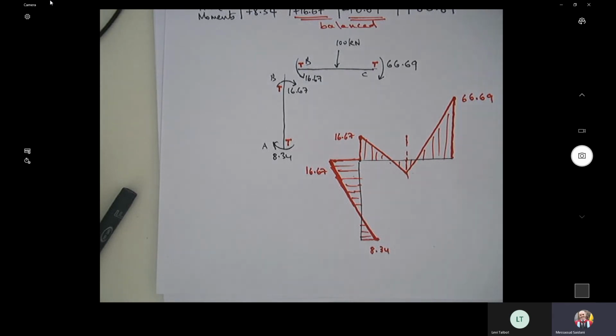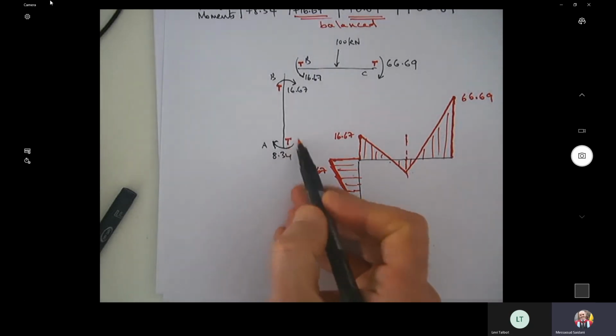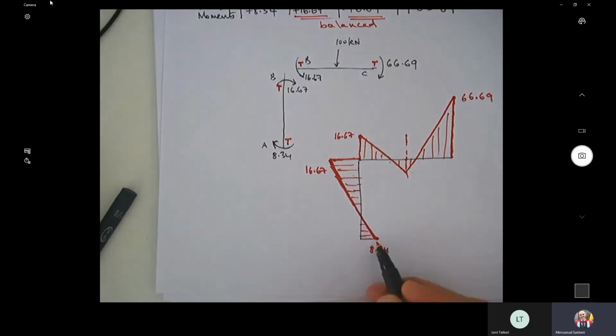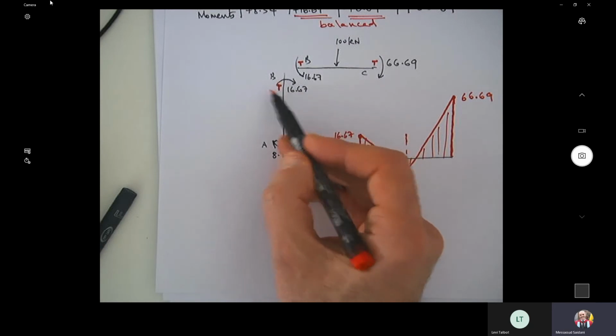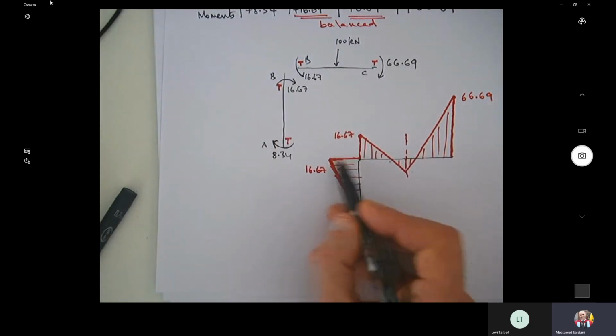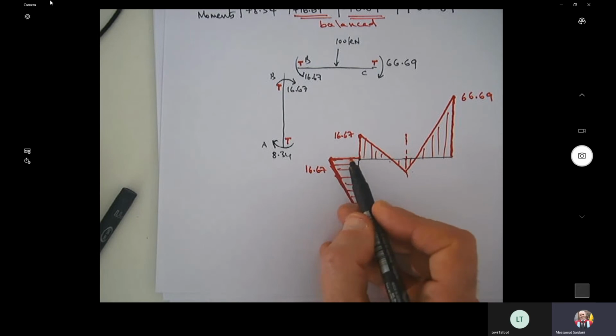Can you explain the bending moment, where you put the values? Okay, you know the tension is on this side. So you have 8.33 on this side. Then you've got 16.67. Tension is on this side, so you have on this side here 16.67.